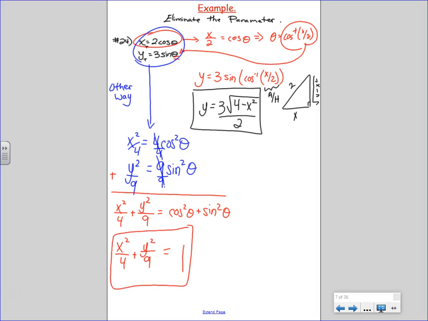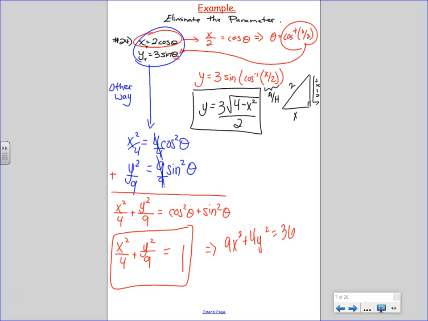Isn't this one just solved for y? What would happen if we solved for y? Multiply everything by what? 36, get a common denominator, I suppose? We would end up with 9x squared plus 4y squared equals 36.